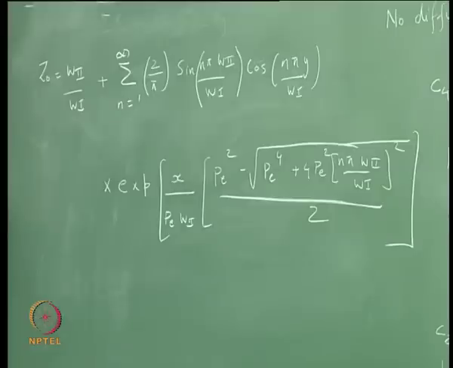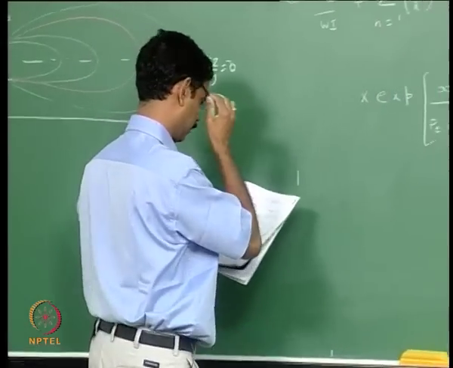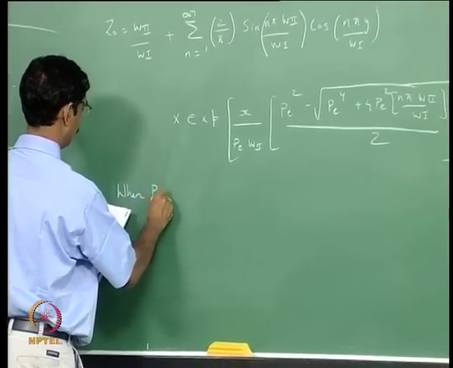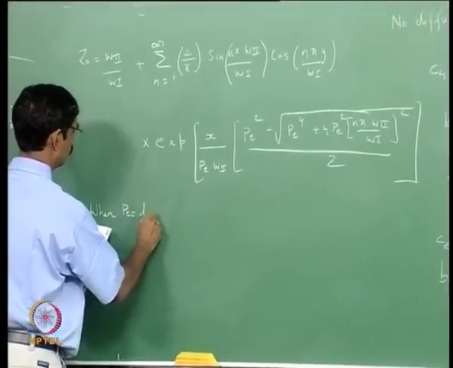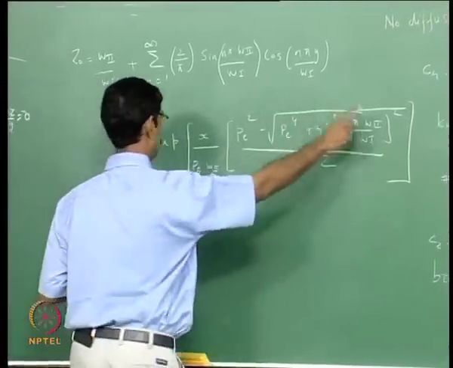Now we want to look at what happens when Peclet number is large. Okay, I will just wait for you to look at this. I hope this is all right. Then we can simplify this expression.